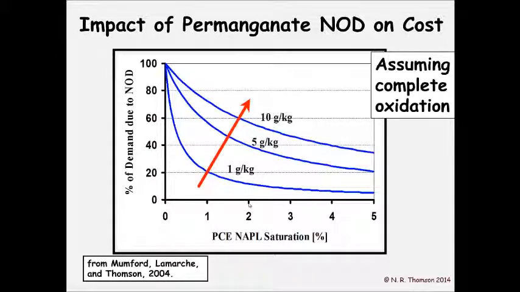That would be a line that would go from 2 up to around here, and this simple plot says that 40% of the demand would be going to satisfy the natural oxidant demand. That is, 40% of the cost goes to an unproductive consumption of the oxidant.